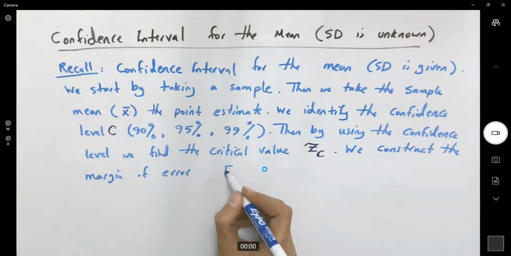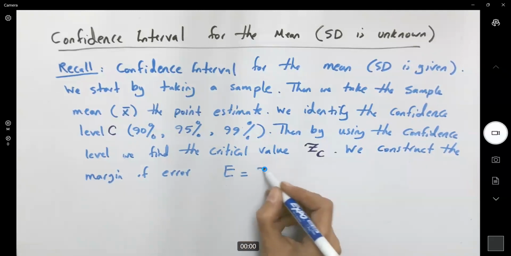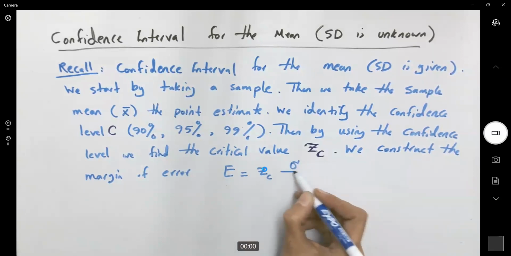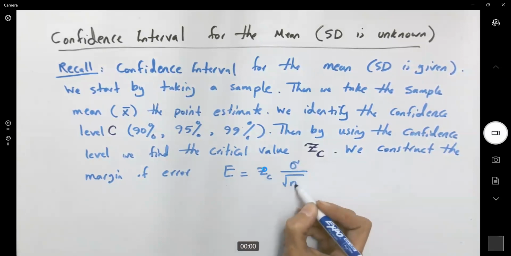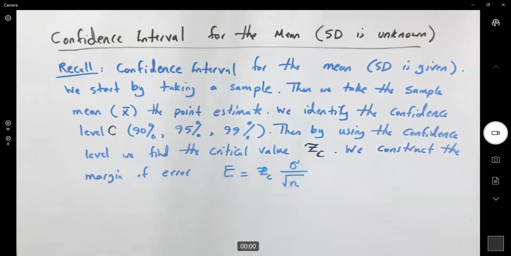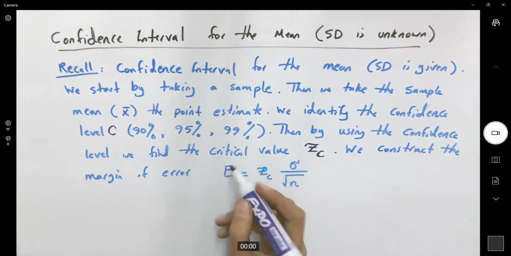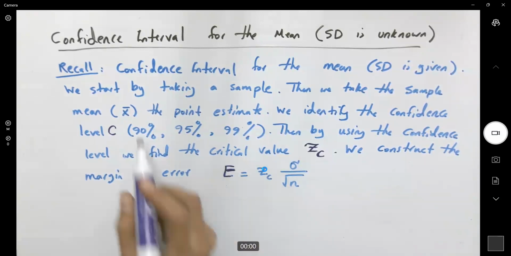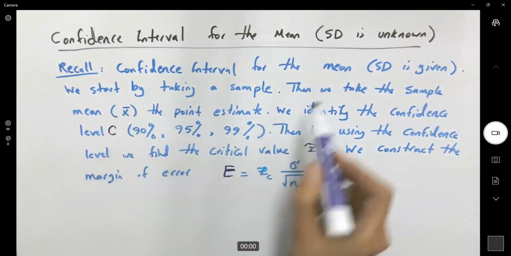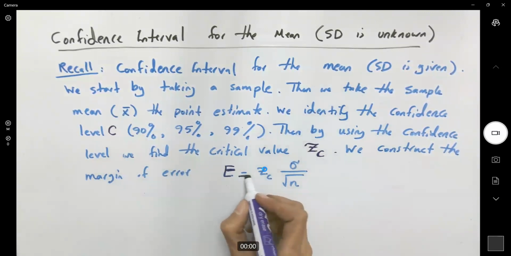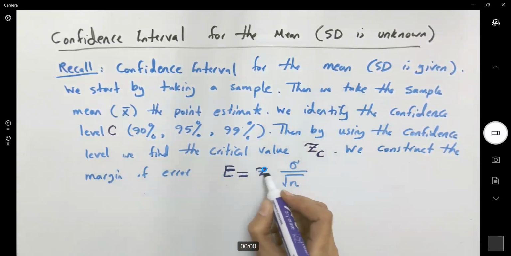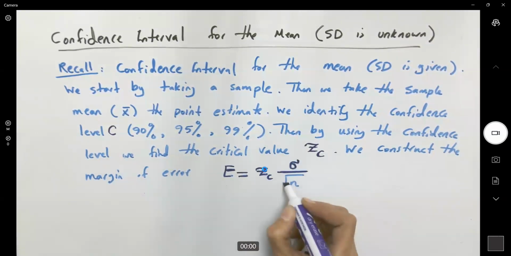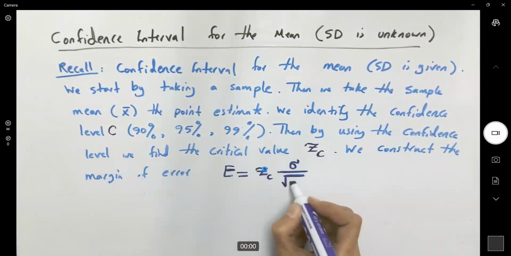Margin of error E equals ZC times sigma divided by square root of n. So E, or the margin of error, the maximum distance between X bar and the population mean, had a formula. E was equal to ZC times sigma divided by square root of N.